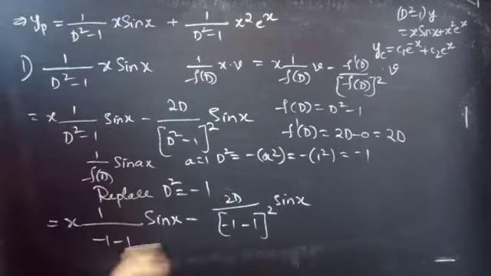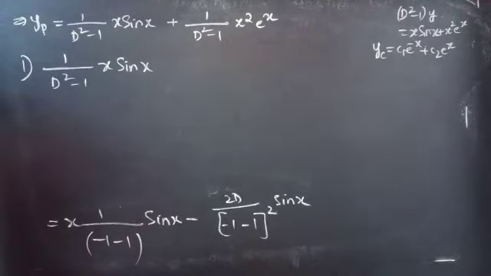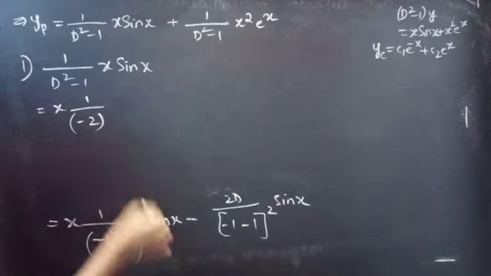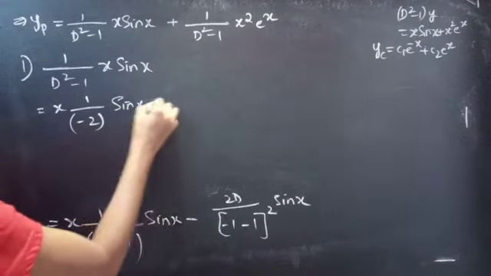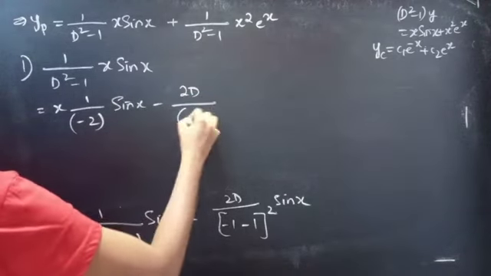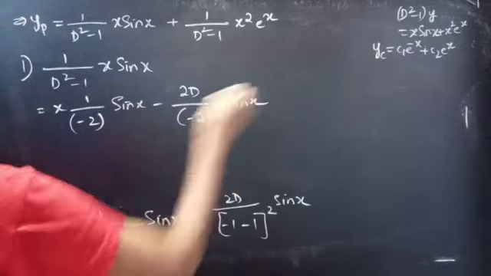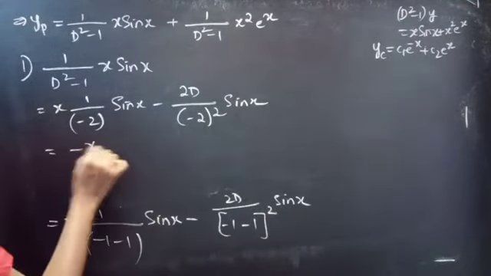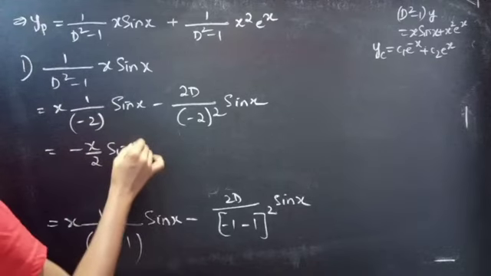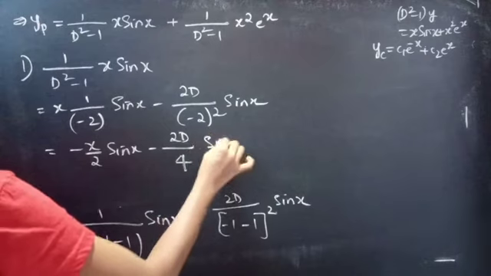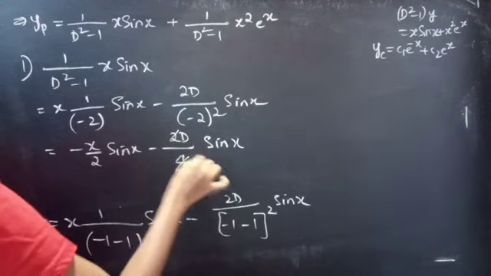See, the denominator is non-zero, right? This becomes x into 1 by minus 2 into sine x minus 2D by minus 2 whole square into sine x. This is equal to minus x by 2 sine x minus 2D by 4 sine x. 2 ones are, 2 twos are.